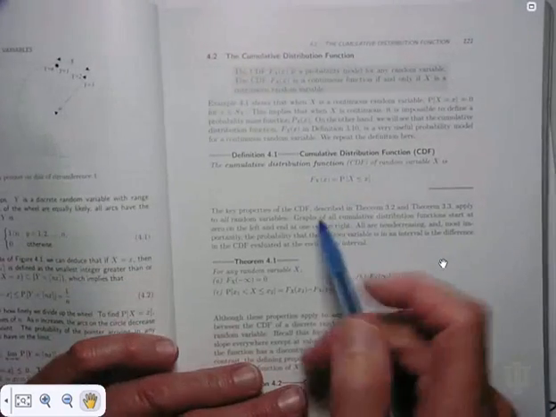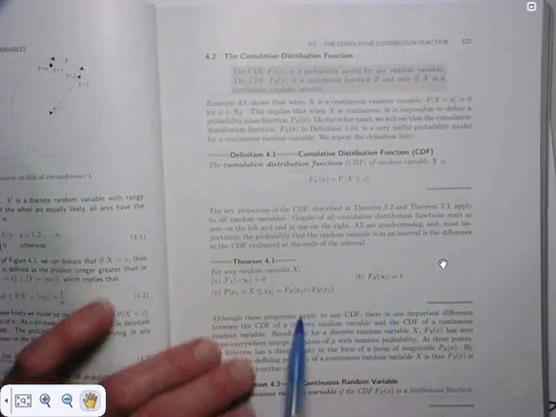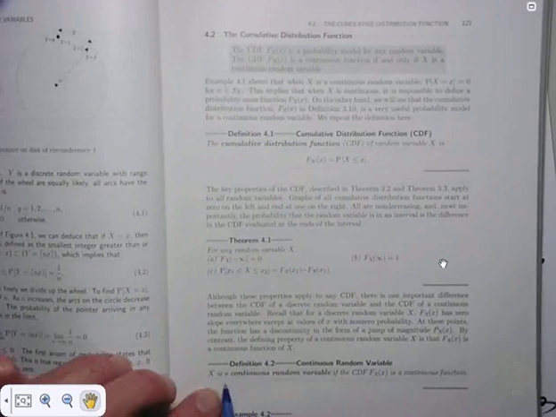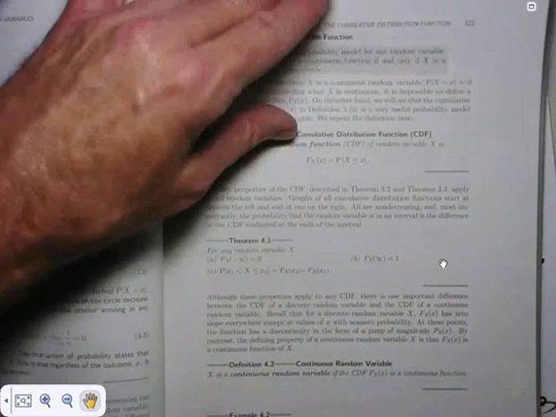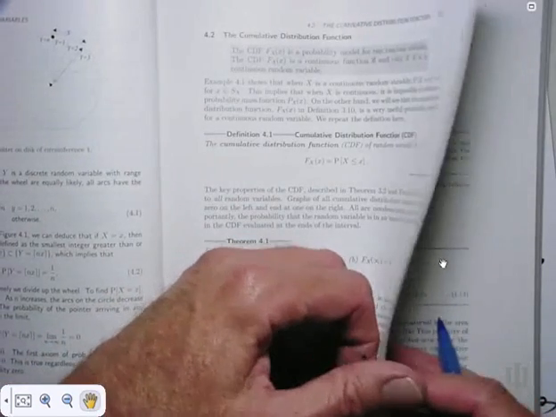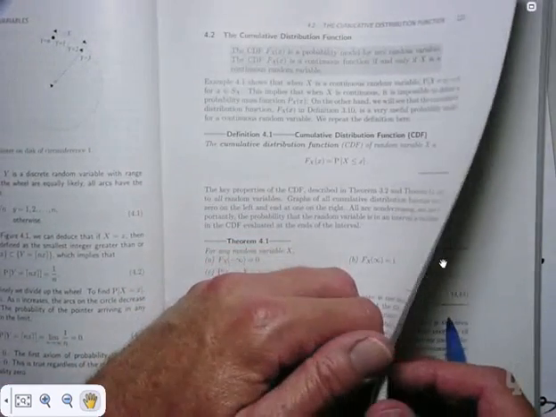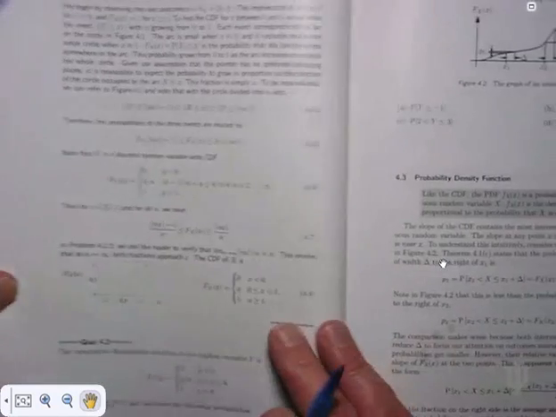So again, what we did is we started off with the CDF. We recalled these properties, and we just mentioned this property a moment ago. We defined the continuous random variable when the CDF is this. They're not going to do the example based on that, and I'm skipping that because I'm not sure how helpful that will be. And here's a nice one.